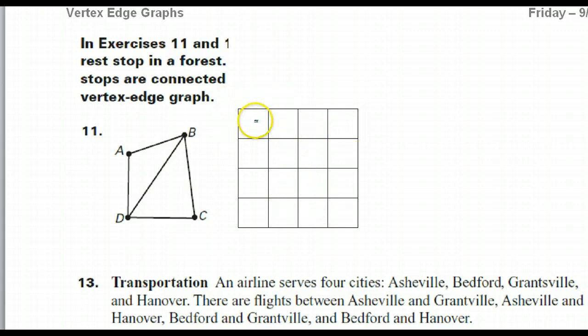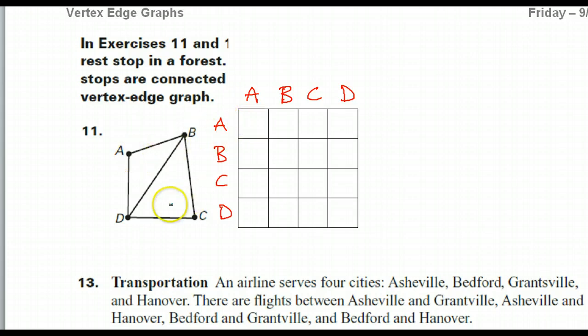You can just keep your numbers as neatly as you can in rows and columns. But since I'm teaching it, I figured I better keep it straight as possible for you guys. So look, I've got A, B, C, D. So I'm going to put that down the rows, A, B, C, D, and I'm going to put that across the columns, A, B, C, D.